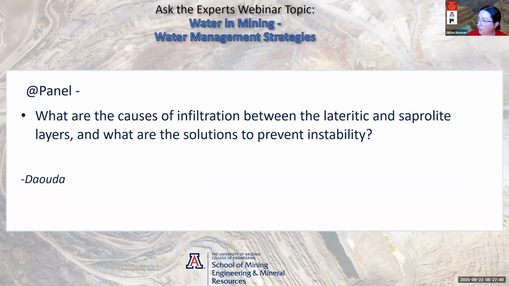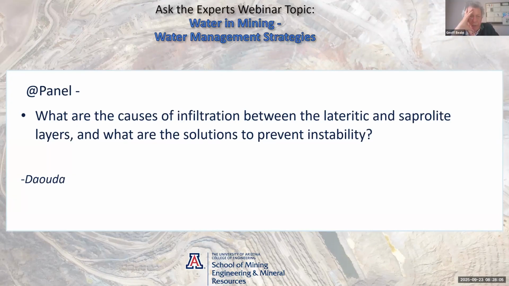I'm not sure if this is something you could comment on without the site-specific knowledge, but maybe we can talk a bit about these rock types and their hydrogeological characteristics and what you've encountered in these types of scenarios. I invite anyone on our panel that wants to volunteer to start off to either raise your hand or just jump right in.